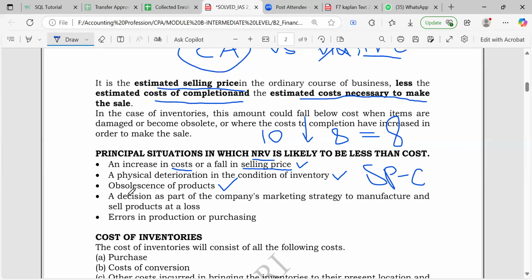But also maybe a decision as part of the company's marketing strategy to manufacture and sell products at a loss. This could be a strategy. Some companies do this, right? Some companies might want to fend off competitors, or stop new entrants from entering the market. Most new entrants won't be financially stable, but they will be trying to find a way to penetrate the market.